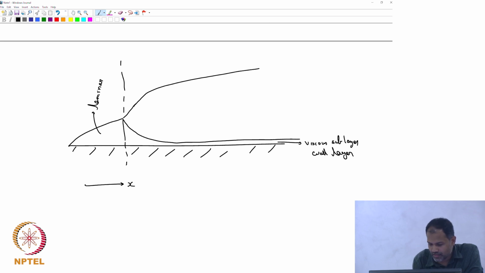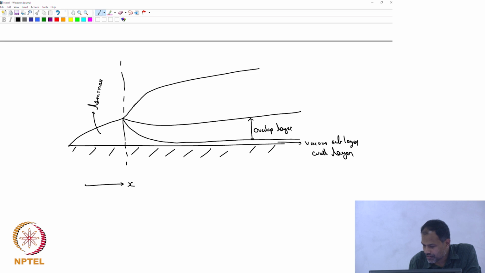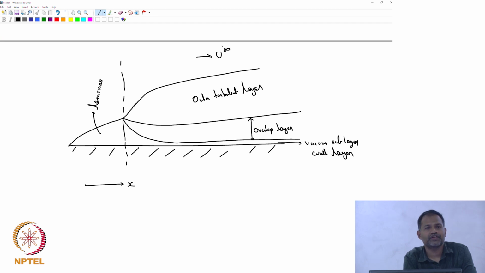Then there will be the overlap layer, then our outer turbulent layer, and outside is where we have our velocity as u infinity, the free stream velocity.